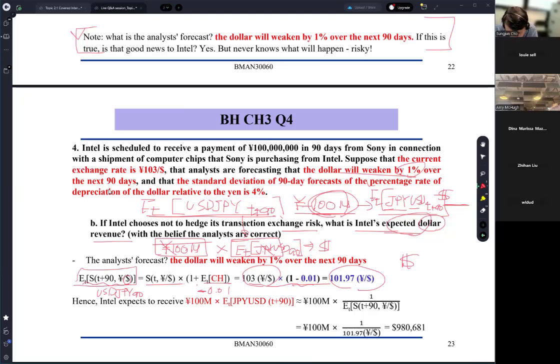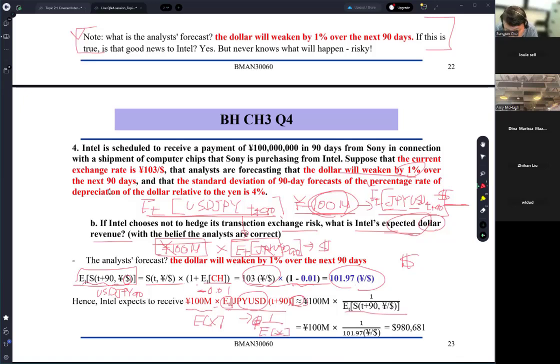But in order to compute the expected dollar revenue, we have to multiply 100 billion yen with the expectation of JPY/USD. We know the expectation of USD/JPY, so we're going to use the reciprocal. Now, this is an approximation. Some of you are familiar with this: the expectation of 1/X is not 1/E[X].